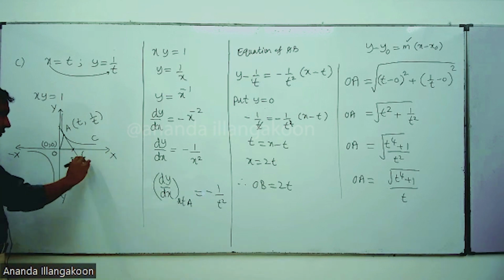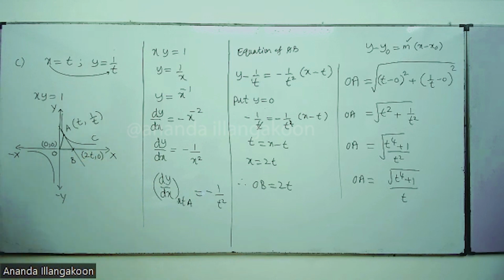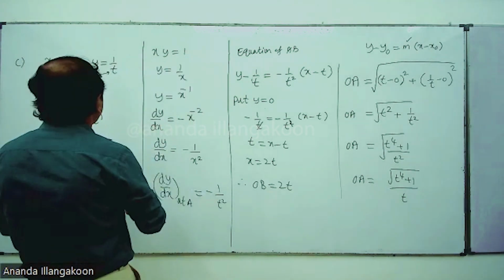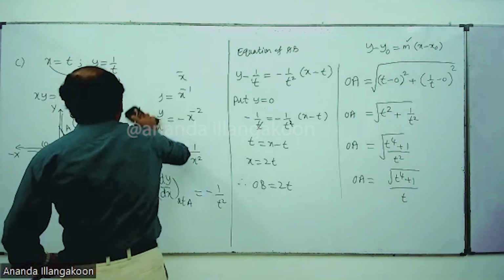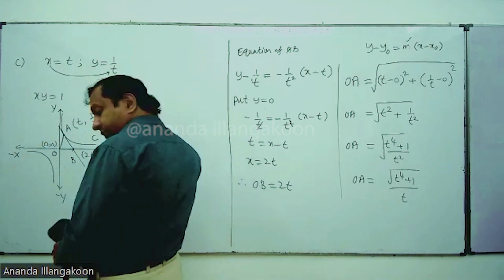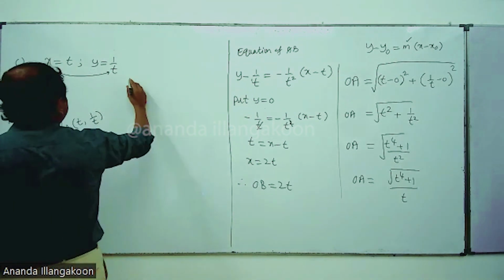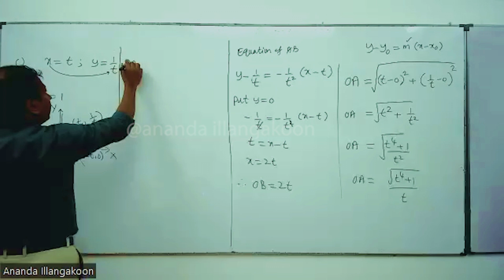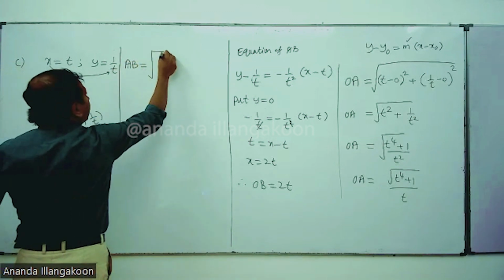The x coordinate is 2t, the y coordinate is 0. Now we'll write AB.